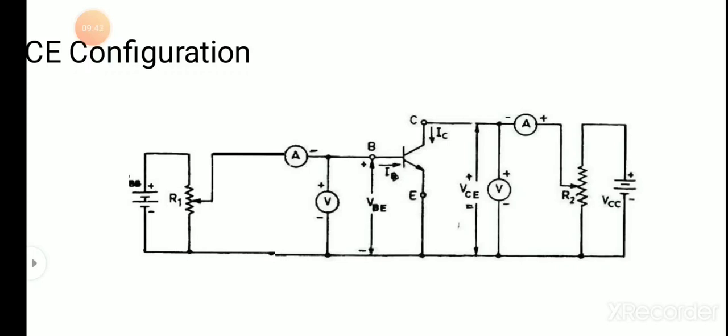After making VCE constant, we increase the supply step by step so that VBE increases and IB also increases. We take readings of VBE and IB, then draw a graph with VBE on the x-axis and IB on the y-axis. From that graph we analyze the input characteristics.